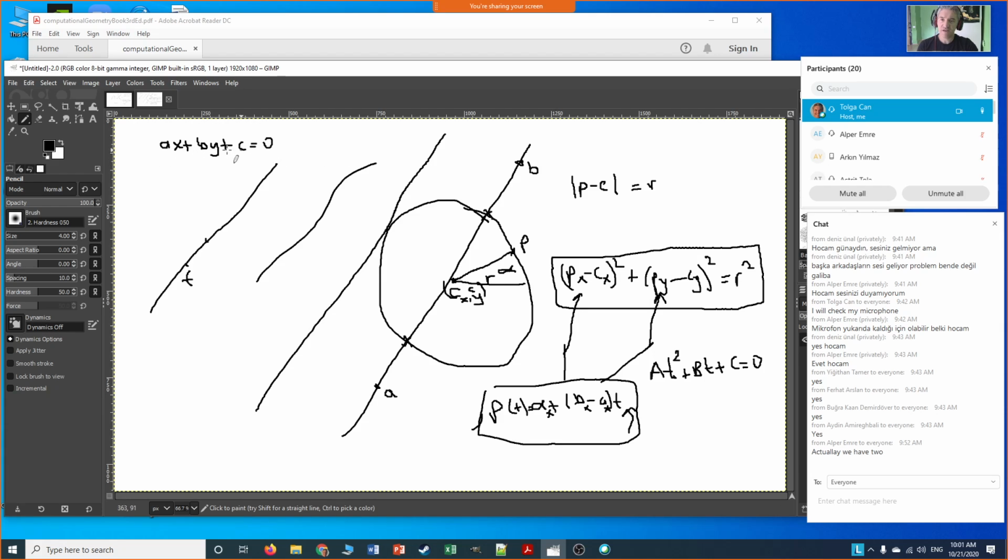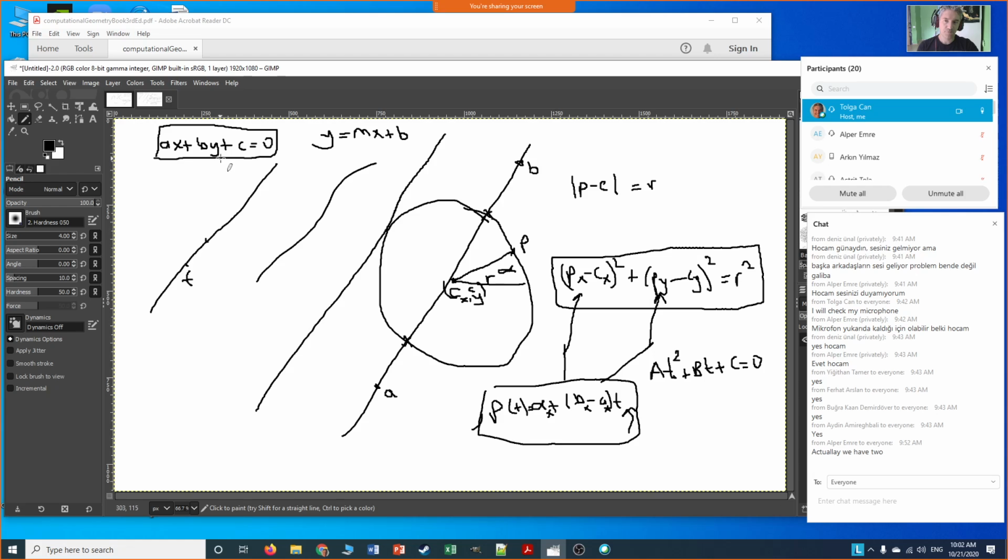So this is a linear relationship between x and y, and therefore it's a line equation. And you can turn this into the equation that you are familiar with, y is equal to mx plus b type of equation.